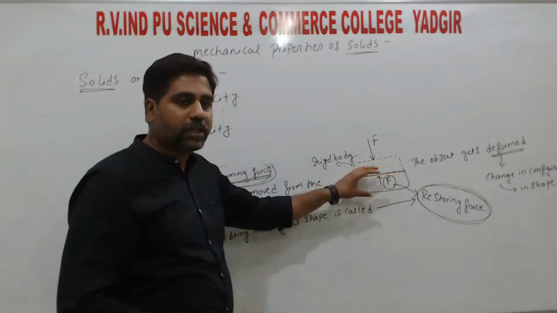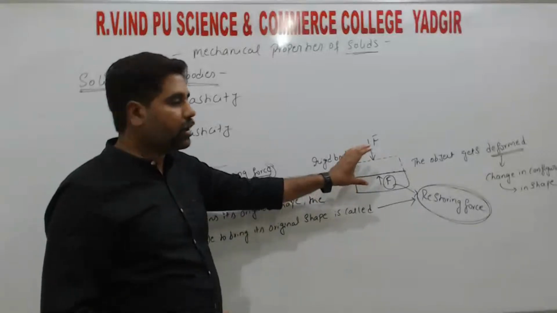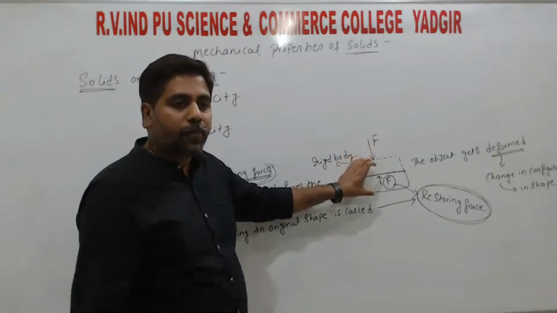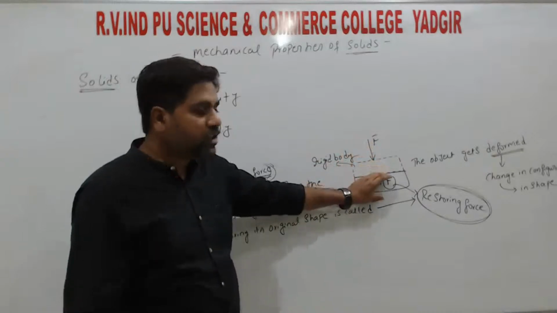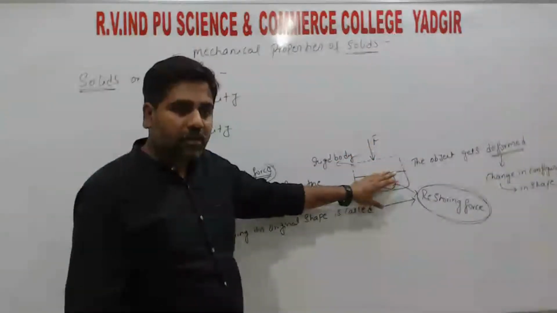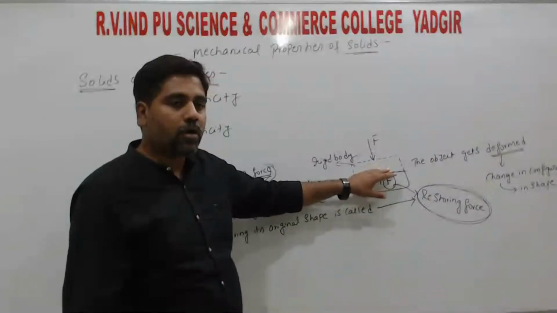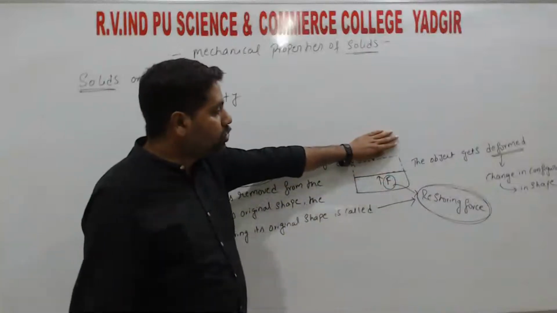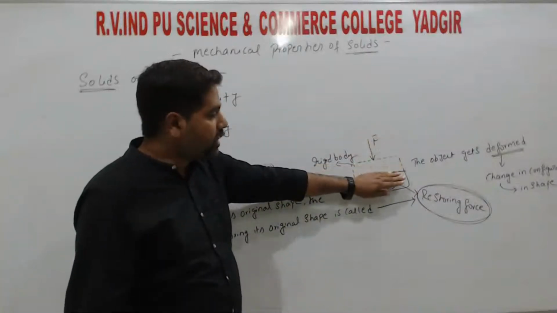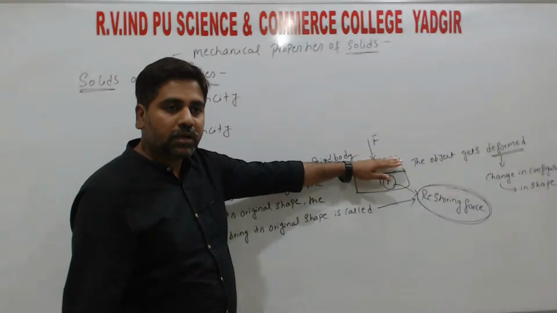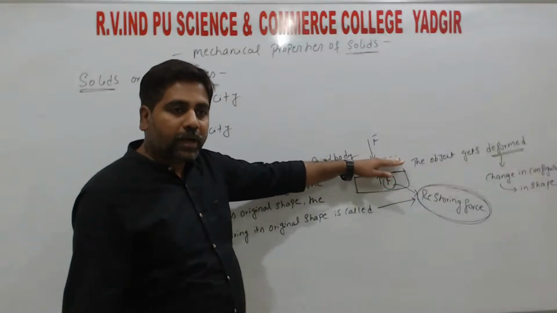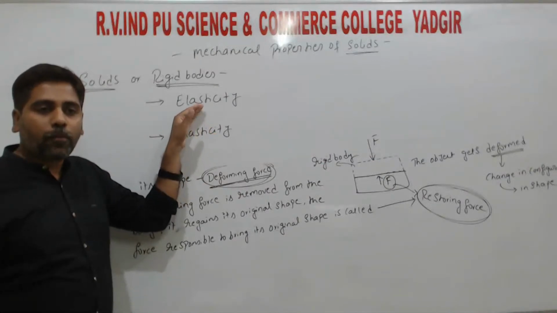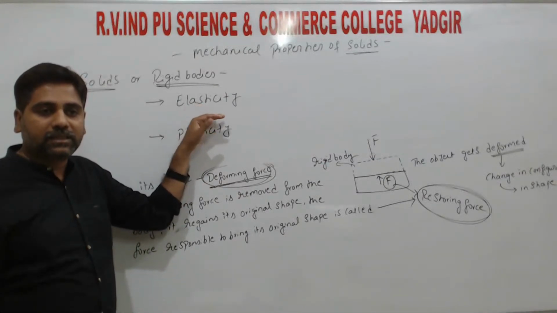So when the deforming force is applied onto the object, the object changes its size or shape or configuration. ಯಾವುದೋ ಒಂದು change ಆಗ್ತದೆ, right? So when we remove the deforming force, the object will regain its original shape, right? So such materials we call elastic materials, and that property we call elasticity, right?